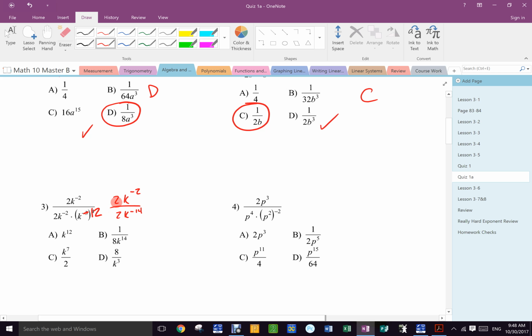You divide them. 2 divided by 2 is 1, so they're gone away. Do I write any zeros? No, because they're not gone. It's just division. What do I do here? So what's negative 2 minus negative 14? Positive 12. Did my negatives take care of themselves? So what's my answer? A.